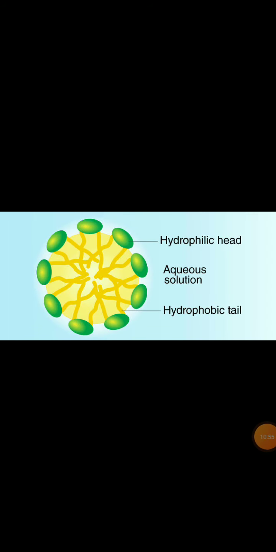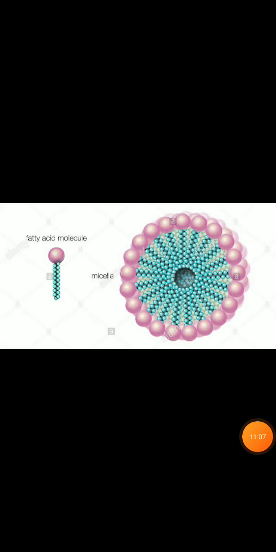Now, soap in the form of a micelle is able to clean. Why? Because the oily dirt will be collected in the center of the micelle. As we have seen, all the tails will be attracted towards the dirt. So this way, all the oily dirt will be collected in the center of the micelle.